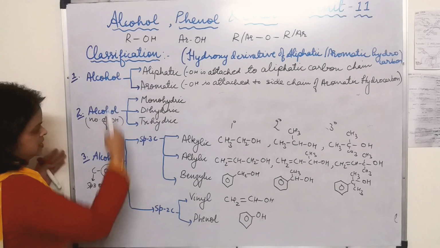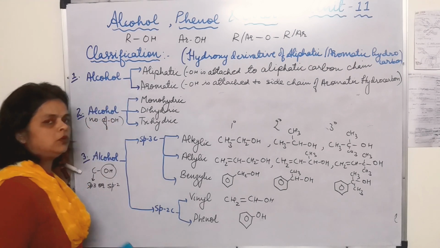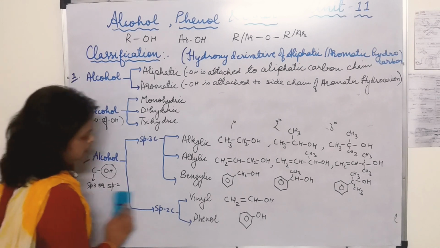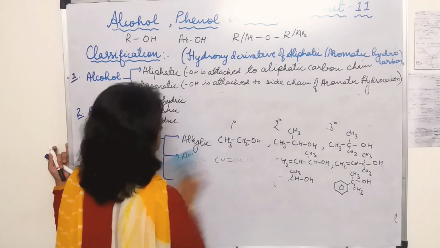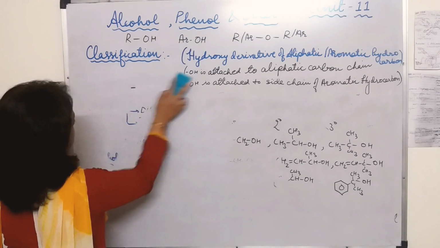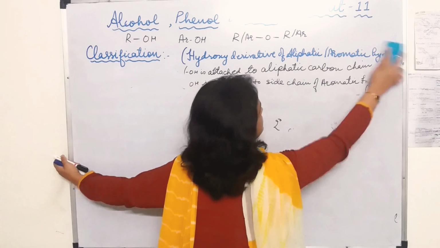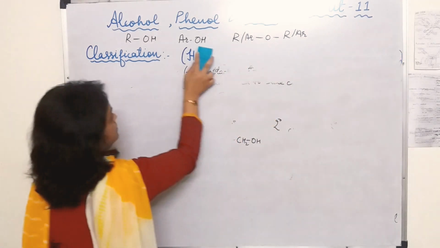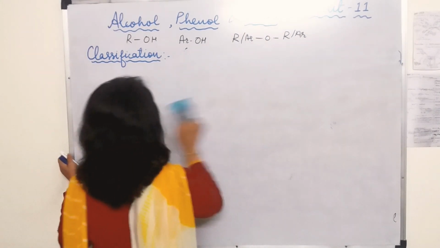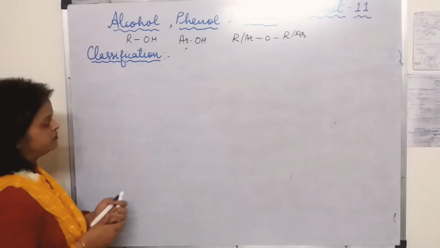Okay, so here we had seen different classifications of alcohols. Now I will tell you about the classification of ether. Ethers have 2 types of classification.